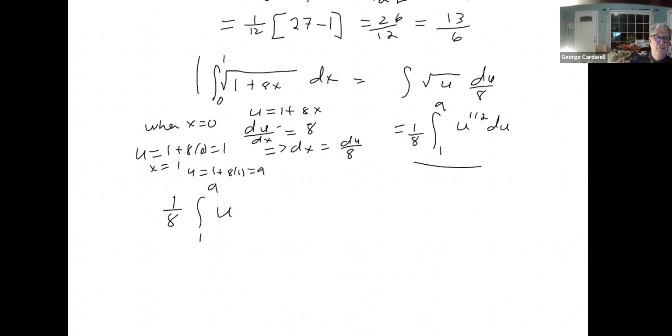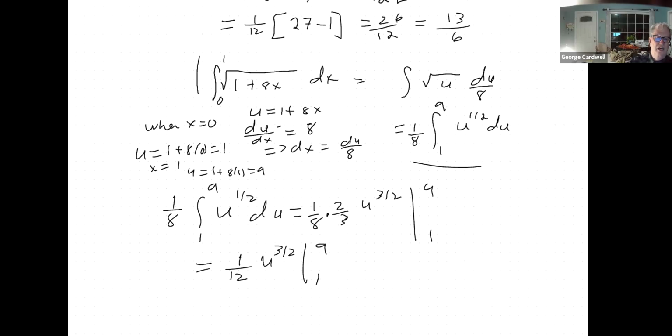the 1/2 du, u to the 1/2 du integrates to 2/3 u to the 3/2, and then of course I still have the 1/8 here, carried through the answer, from 9 and 1, which is 1 over 12 u to the 3/2 from 9 and 1, because 2 cancels with that guy, gives you a 4.